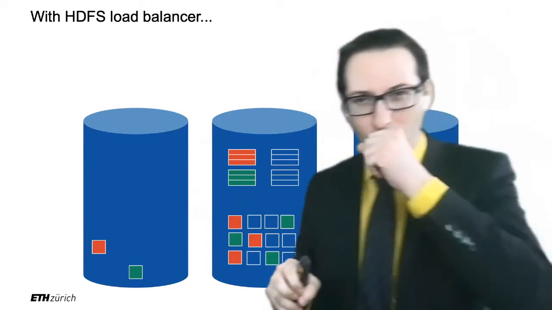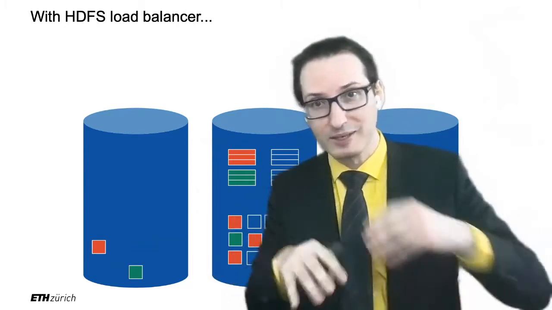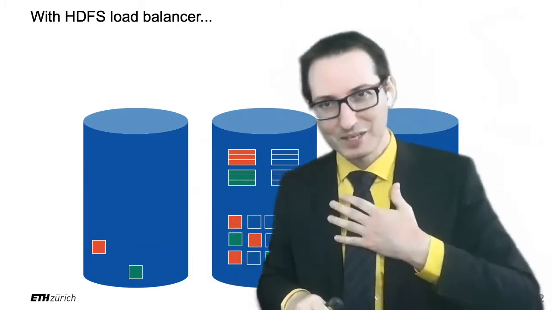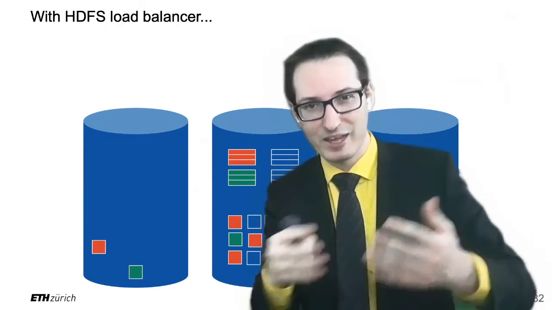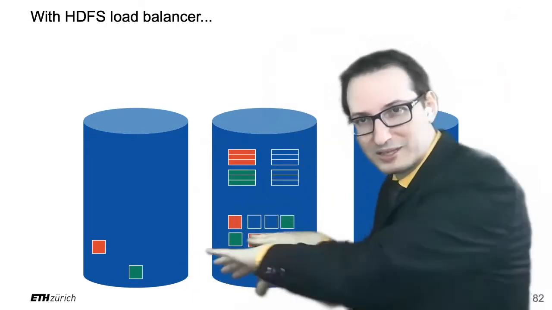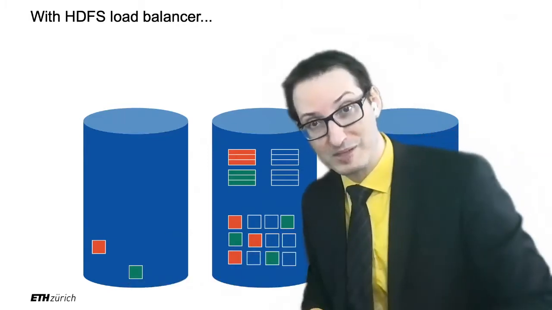Because, sorry, you know that there is some rebalancing in HDFS. And if there are too many blocks on one data node, then they will be just, you know, pushed to other nodes in order to compensate.